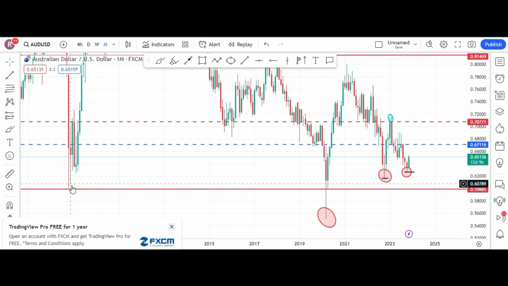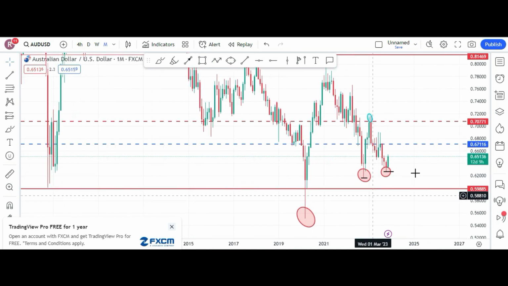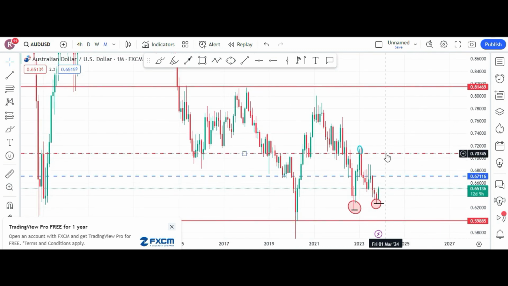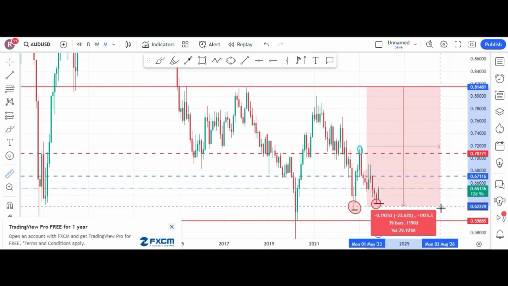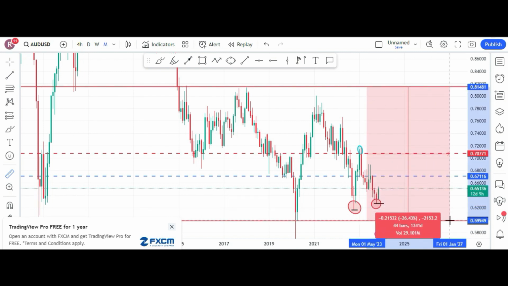From here we have a double bottom. Now this is the half of this range, just to update you with what is drawn on the chart.